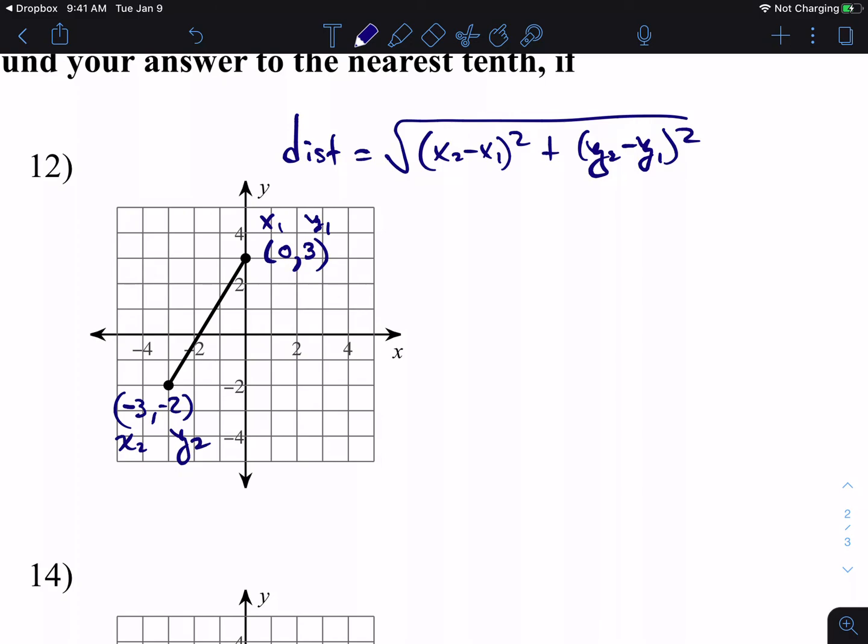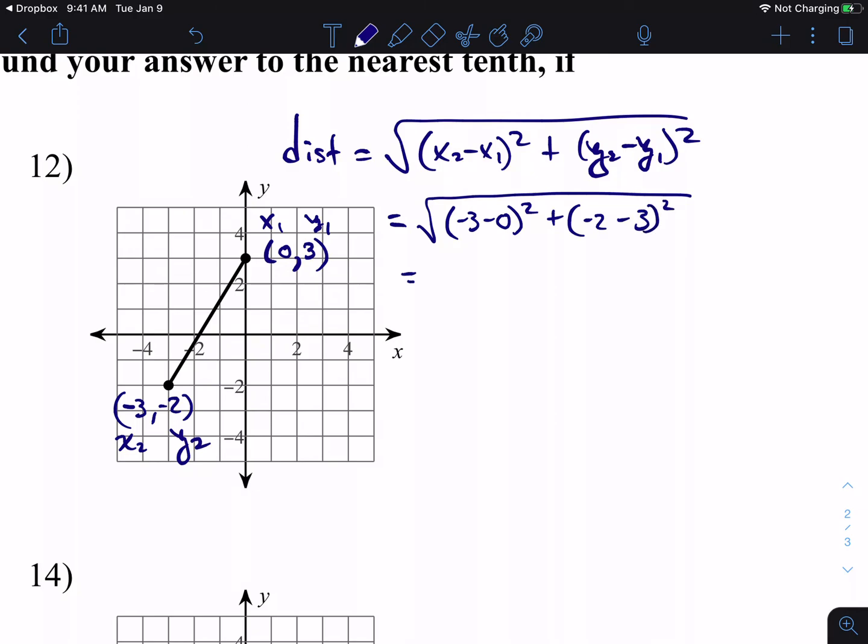So now let's load the formula. The distance formula says square root, and we're going to say x2, which is -3, minus 0, squared, plus y2, which is -2, and we're going to subtract 3 from there and get -5.